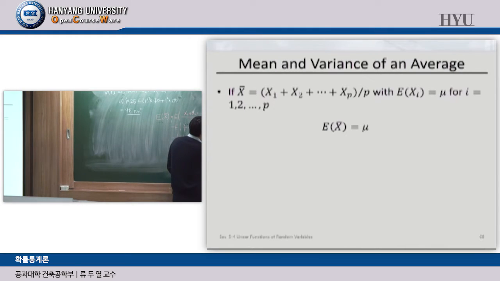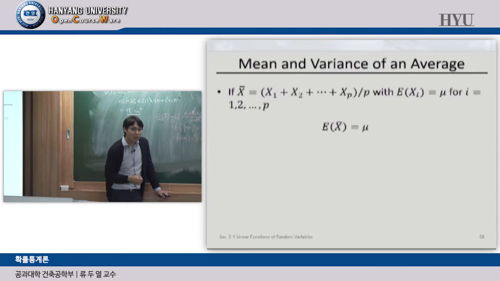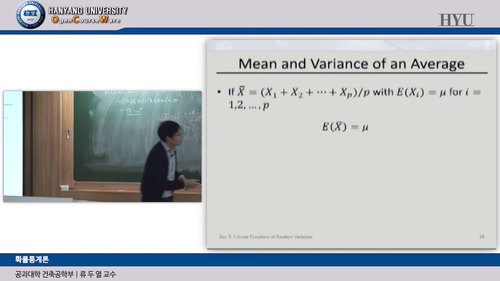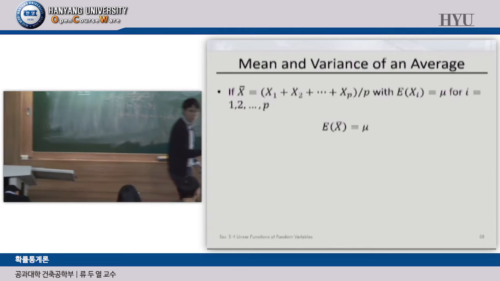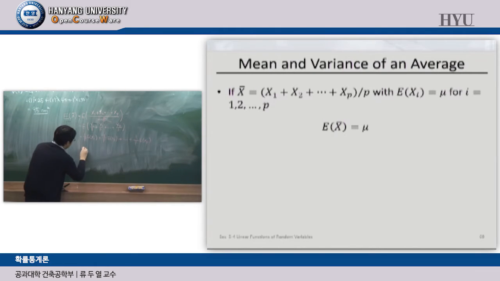Plus 1 over p times E(xp), okay? And the mean of xi is equal to mu here, which means that is equal to mu over p plus mu over p plus up to mu over p.